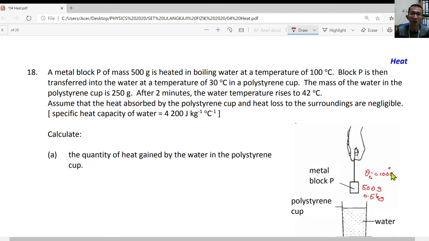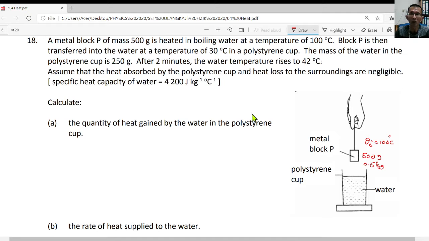It is transferred into the water. I will write here the initial temperature of the water is 30 degrees Celsius, and then the mass of the water in the polystyrene cup is 250 gram, or equivalent to 0.25 kilogram. After 2 minutes, the water temperature rises to 42 degrees Celsius.